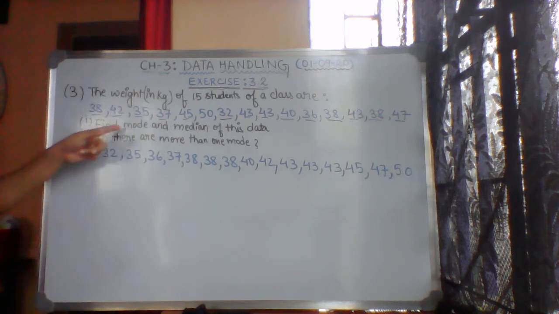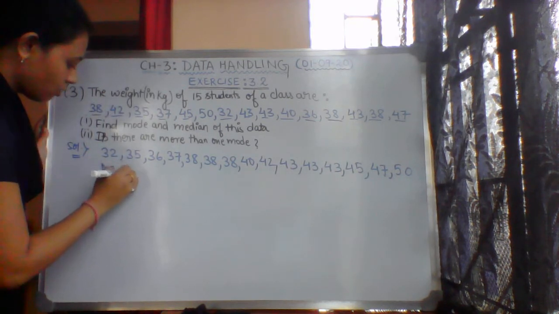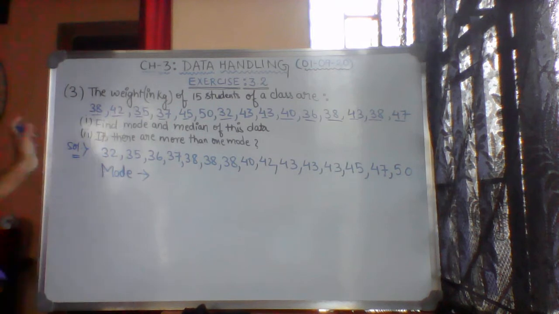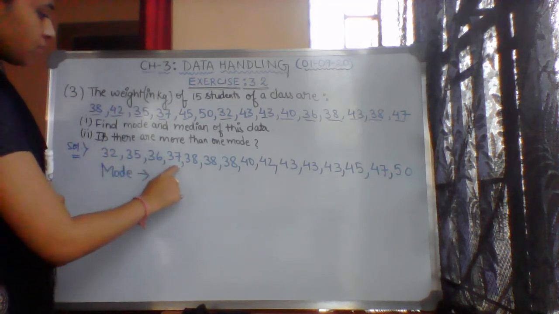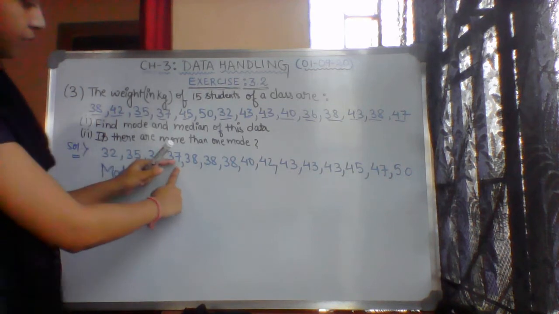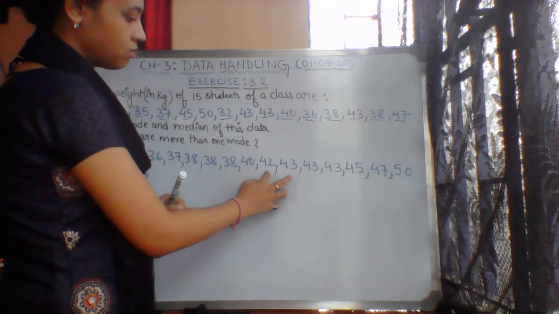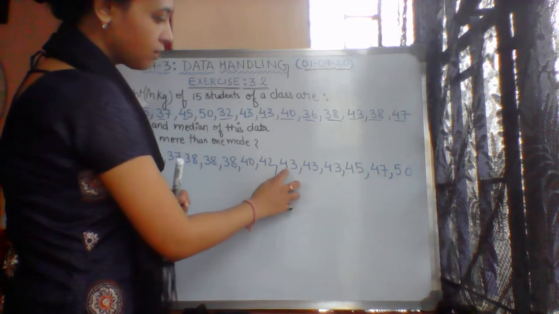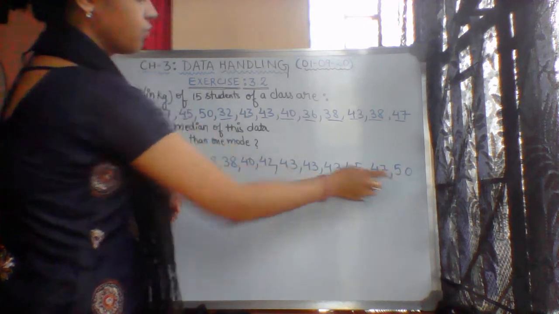Now find the mode. Our mode will be the observation which is occurring most of the time. Up to this, it is occurring one time. Now 38 three times, 40 and 42 one time, again 43 three times, 45, 47, 50 one time.